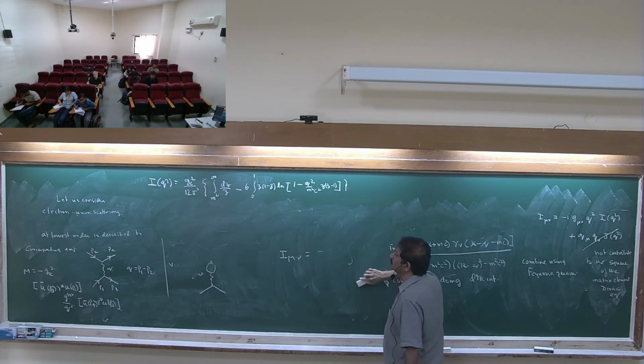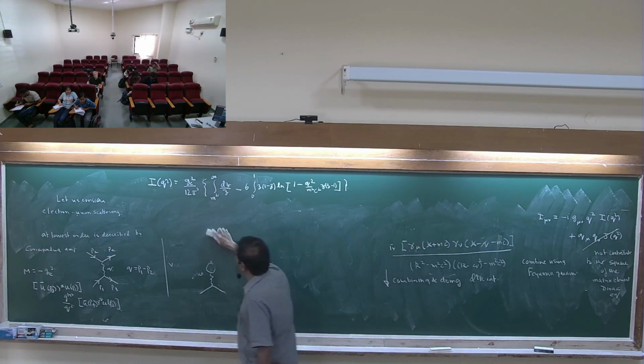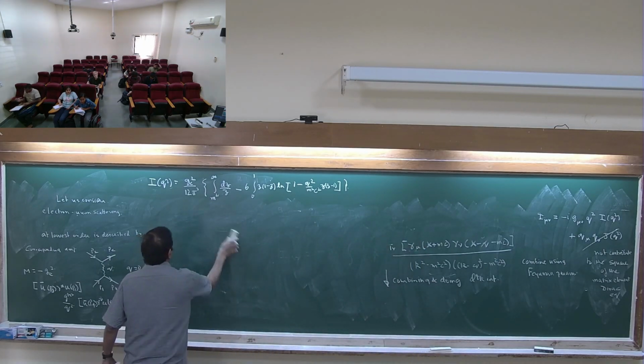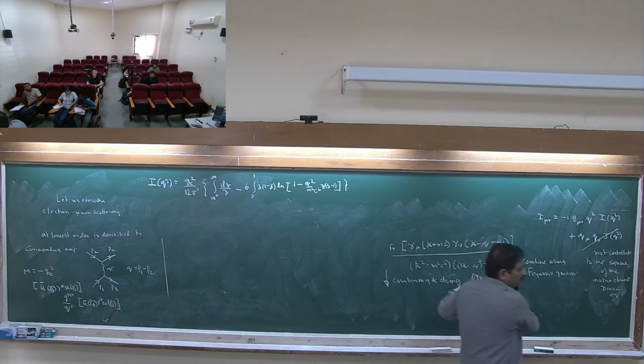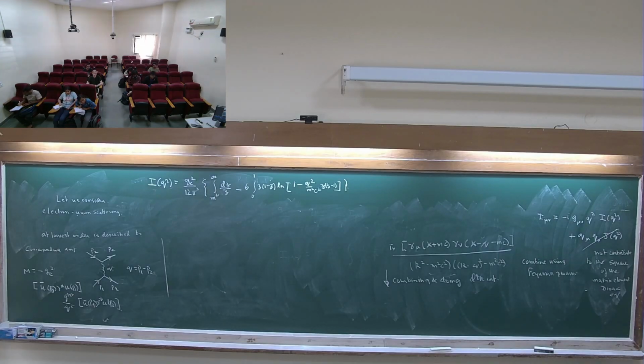So there are two aspects to this. One is a piece that looks like it is divergent. Now that's not surprising because we knew that this thing was divergent in the first place. But we carried out this decomposition. There's a part of this decomposition which will not contribute to the square of the matrix element because of the Dirac equation, and there's a piece which survives, which we have to evaluate.